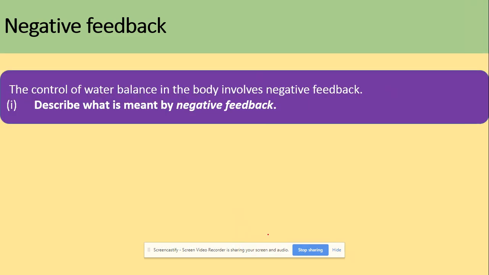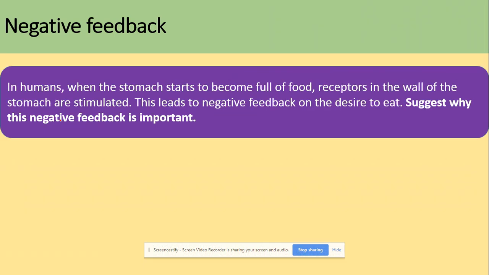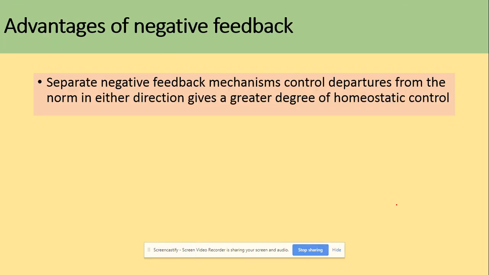Another question just asks you to describe what is meant by negative feedback. It is where a change triggers a response, a stimulus, which reduces the effect of the change. What does that mean? Coming back to our previous diagrams, negative feedback reduces the response, for example the secretion of hormones.